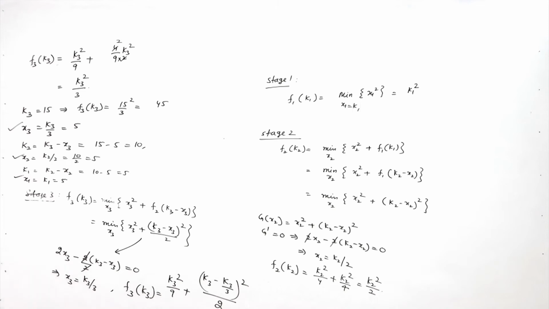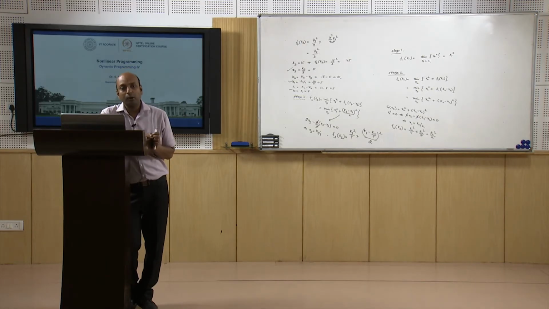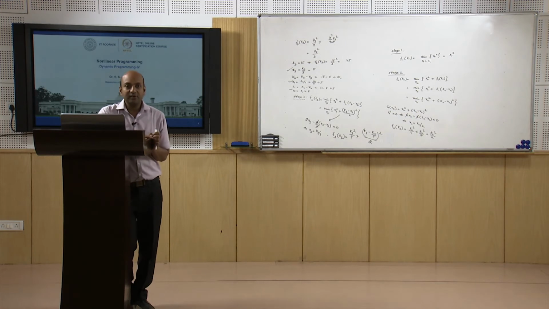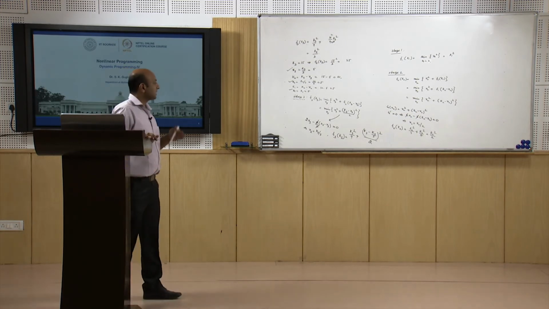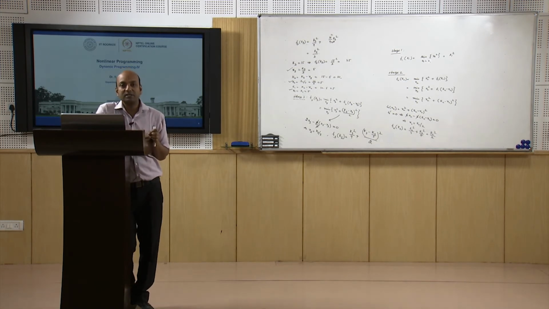So, that is how, in a simple illustration, we can solve some non-linear optimization problems using the dynamic programming approach. We first define some state variables k1, k2, k3 depending on the number of variables involved in the problem, and then we find out the stages, stage 1, stage 2 and so on.